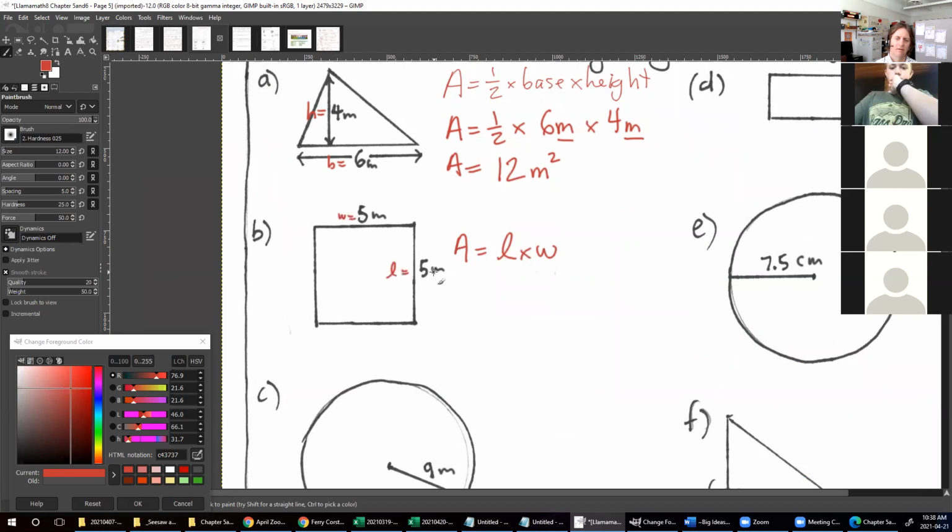Let's call this length. These are the easiest ones. Length is 5 meters and width is 5 meters. So the area of this square is 25 square meters. Meters times meters, or m squared, meter squared.